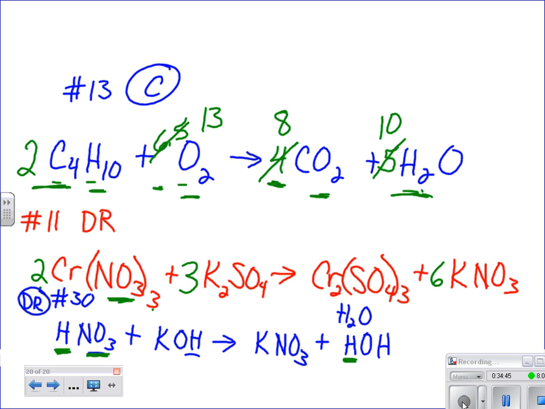One nitrate ion, one nitrate ion, one potassium ion, one potassium ion, and then one hydroxide ion and one hydroxide ion. So I'm thinking about this being separate. It just makes it a lot easier, especially when you've got things that are different than just +1 or -1. So that is really it for our notes.